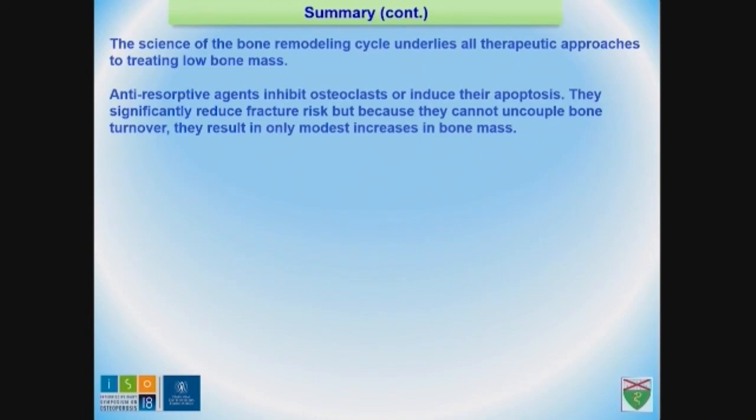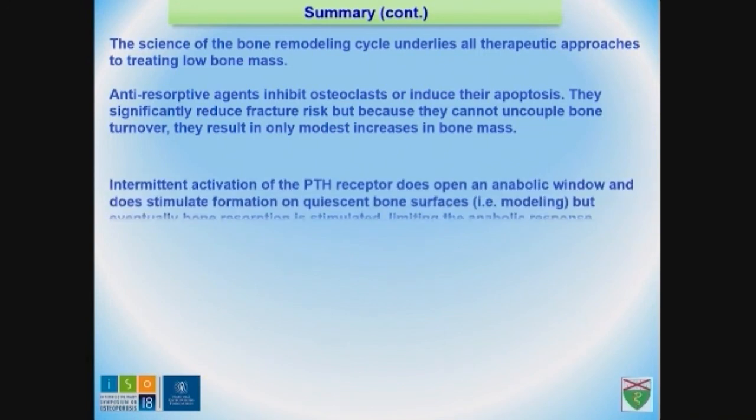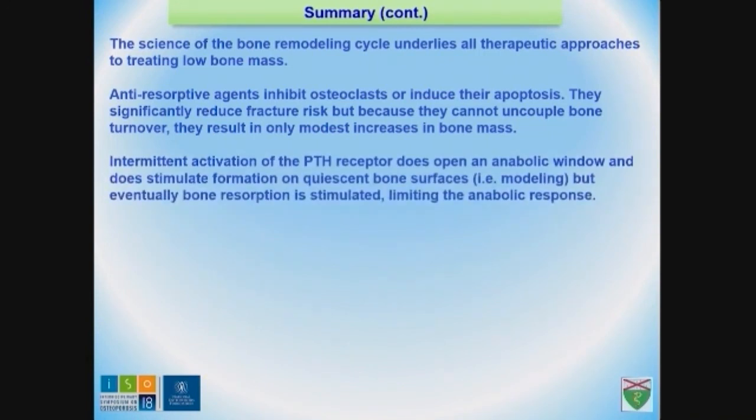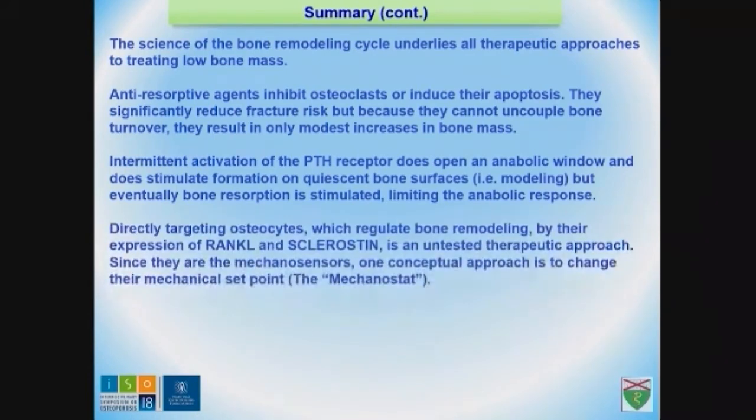They significantly reduce fracture risk, but because they cannot uncouple bone turnover, they result in only modest increases in bone mass, but still profound reductions in fracture risk. Intermittent activation of the PTH receptor does open an anabolic window and does stimulate formation on quiescent surfaces, i.e. modeling, but eventually resorption is stimulated, limiting the anabolic response.